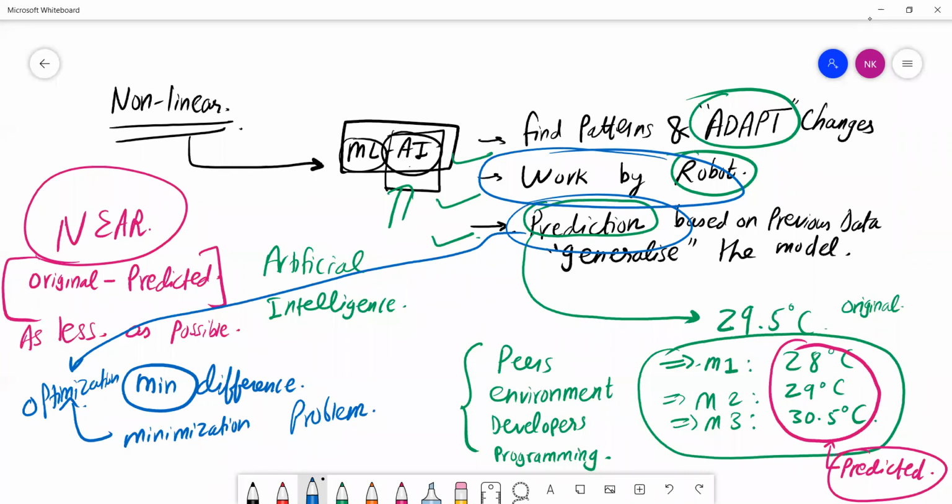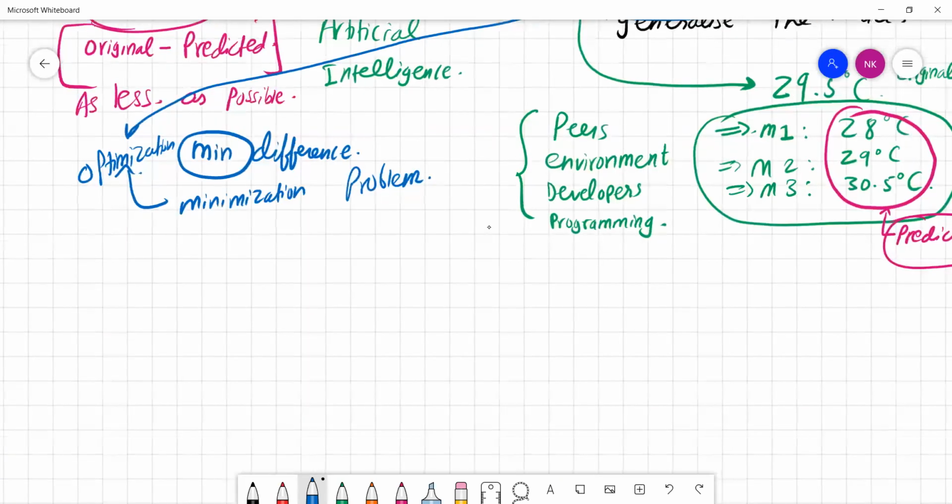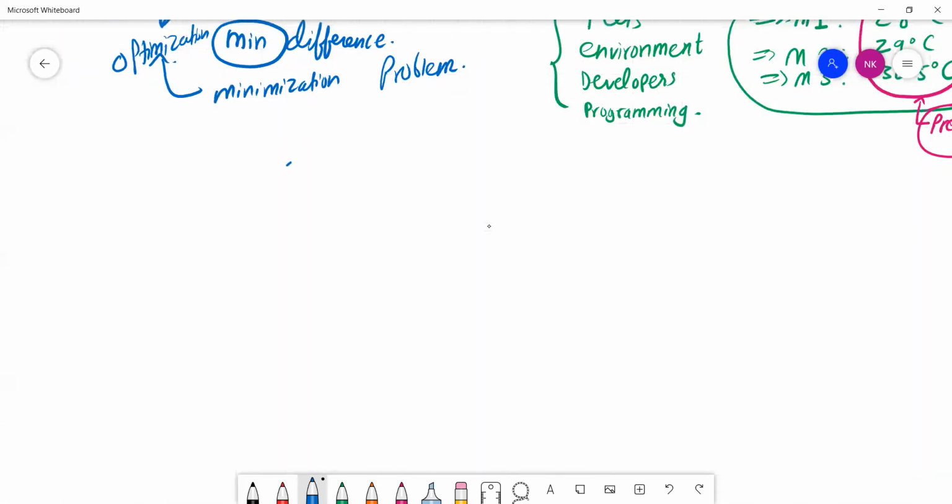Same thing, find patterns. What is this pattern? Let's say I am feeding the model this type of input. This is the input of the shape. Then it will be over here, something like this.